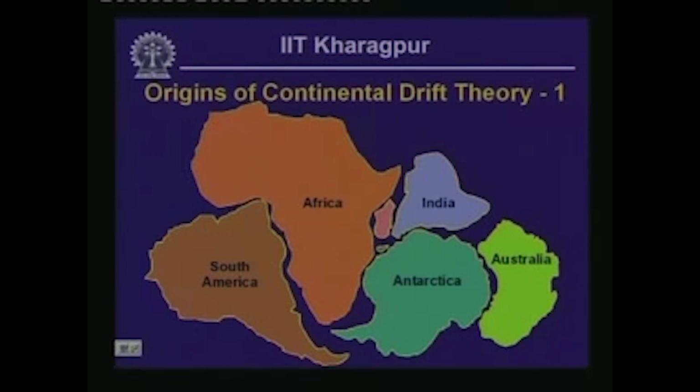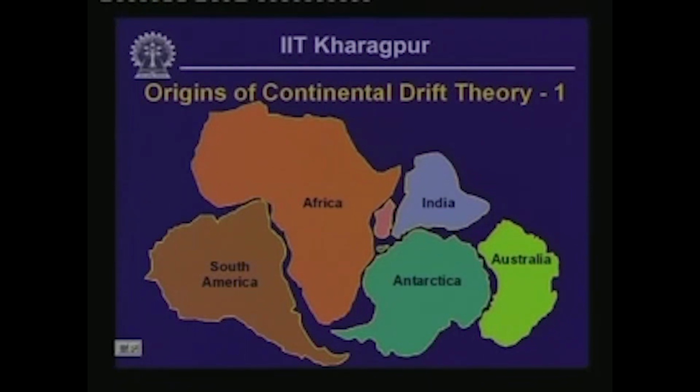If you have looked at the maps of different countries or different continents of the world, then you might have wondered that some of the boundaries of land masses could easily fit with the boundaries of a corresponding landmass which is at the present time separated by vast distances.